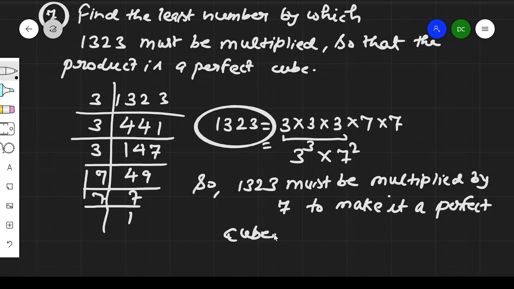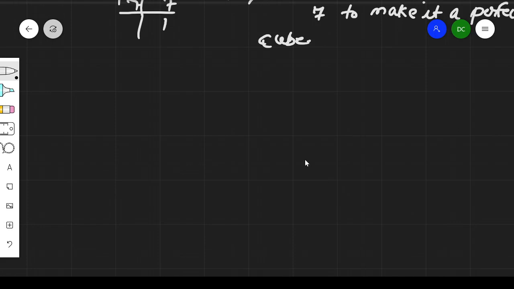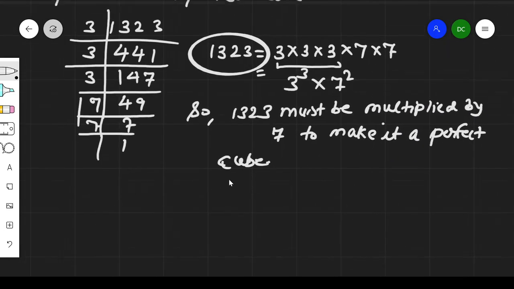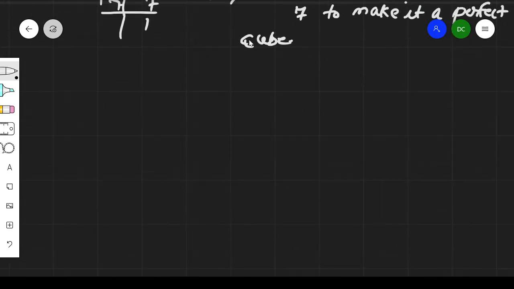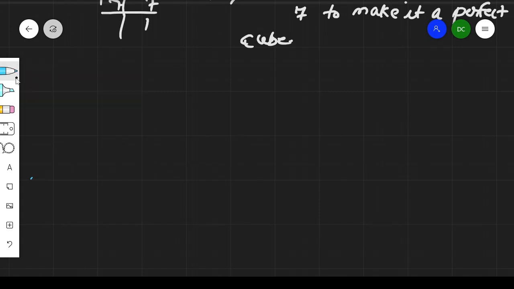Now, let us do how to find the cube root of any number. Like square and square roots we have done already in chapter number 3, now we have to find the cube roots.